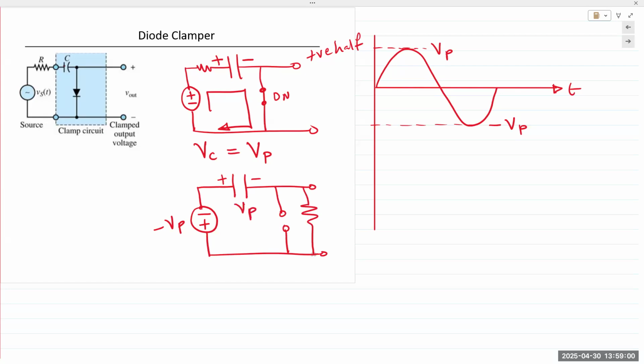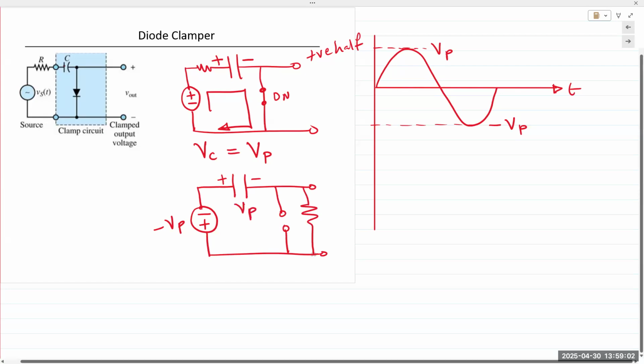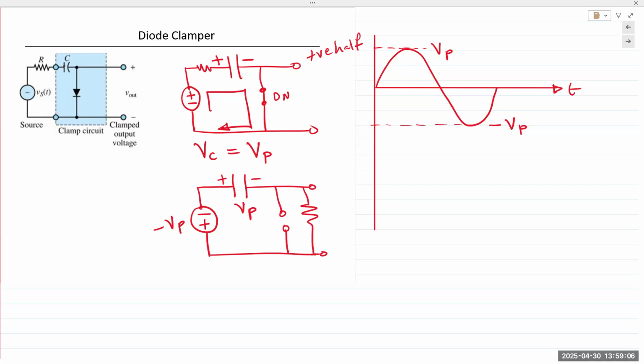You have Vp here. Now, when you take the output across the resistor, it sees the capacitor and the negative half cycle in series.